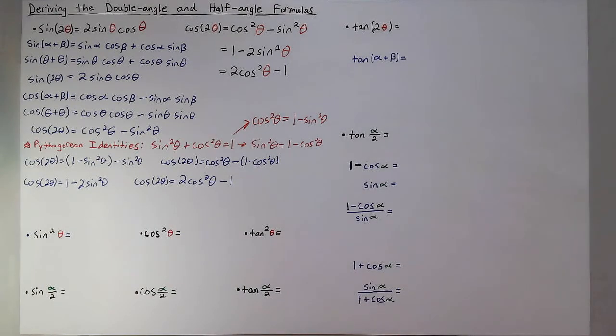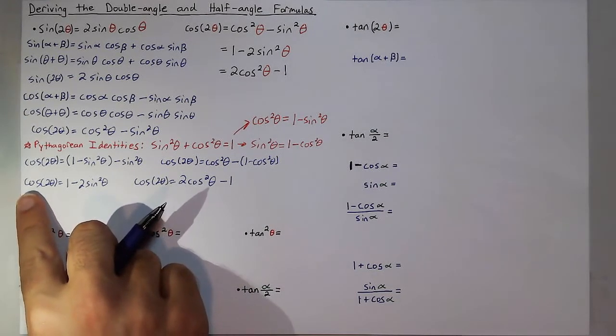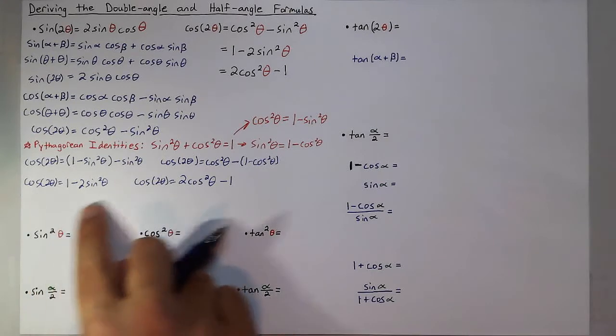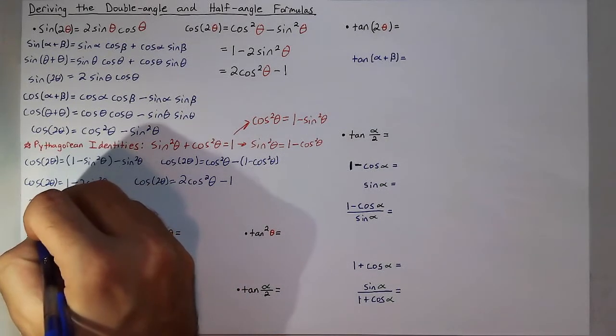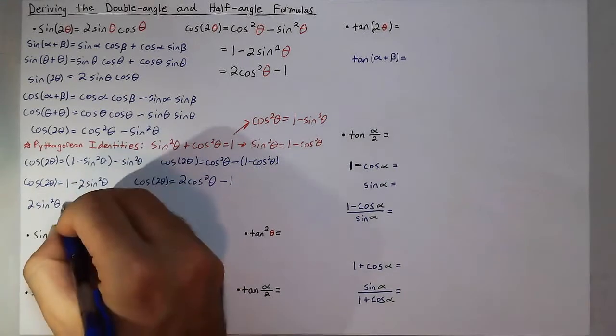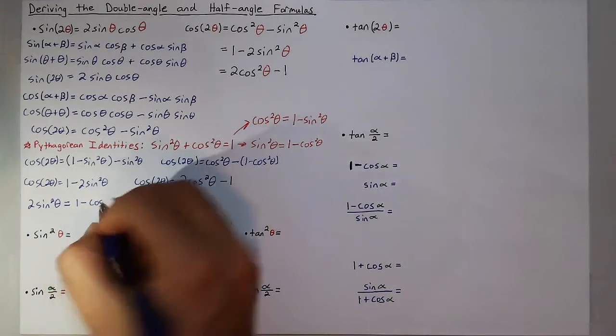So if I were to add 2 sine squared theta onto the left and subtract cosine of 2 theta from the right, I could rewrite this formula as 2 sine squared of theta is equal to 1 minus cosine of 2 theta.